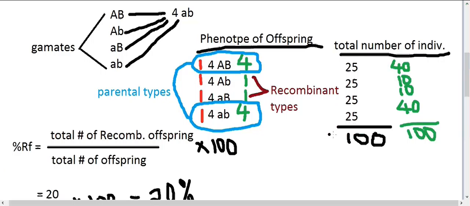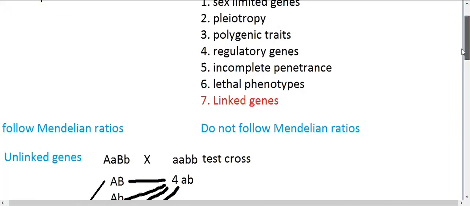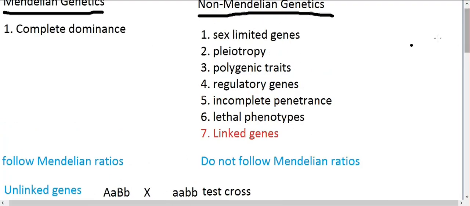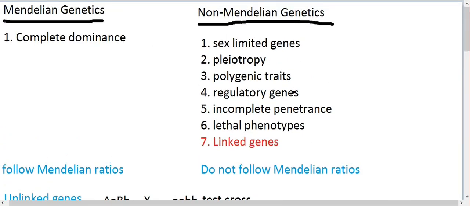That's why I really like linked genes that are part of non-Mendelian genetics, because some of these things can really pull off both.